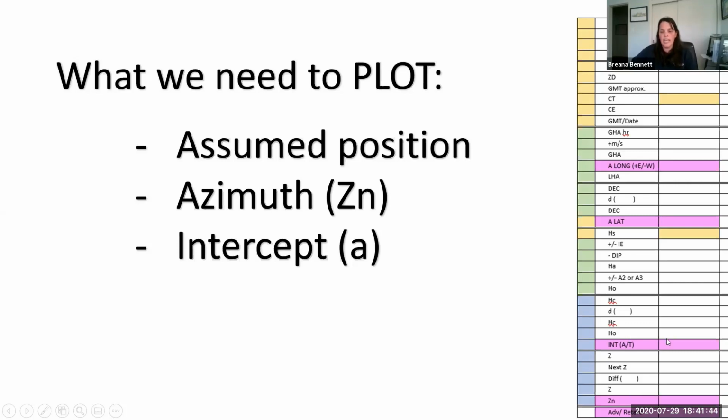And our intercept is the difference between HC and HO. So it can either be a positive or a negative, but it's just the difference between our calculated altitude using our assumed position and what we actually saw.